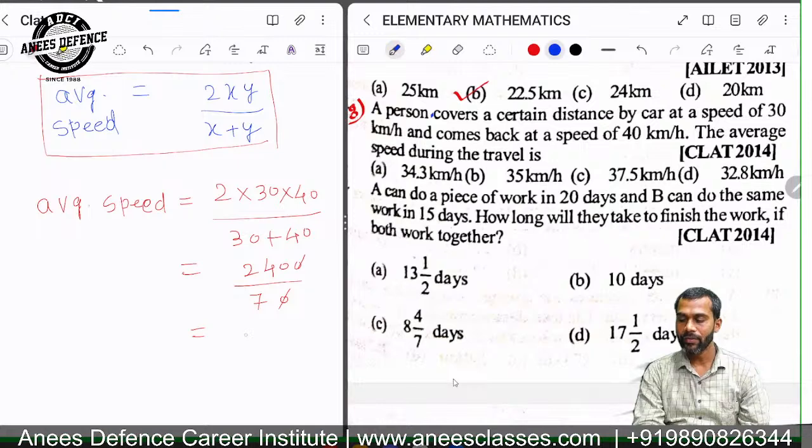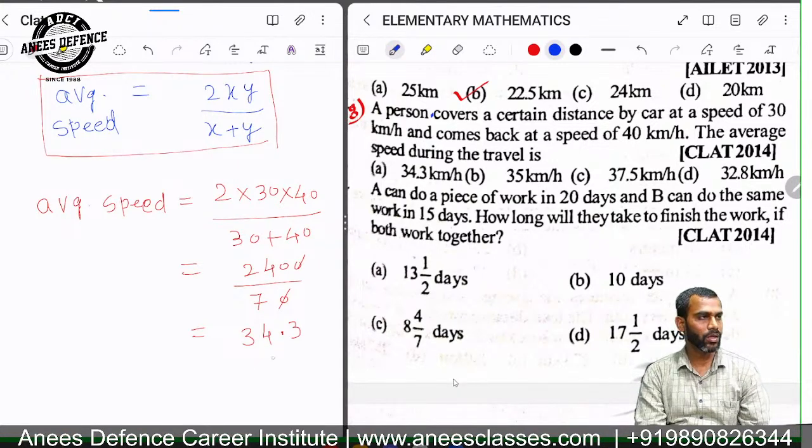7 4s are 28, 7 3s are 21, 7 4s are 28. 7 3s are 21. 7 4s are 28. And approximately, 7 3s are 21.